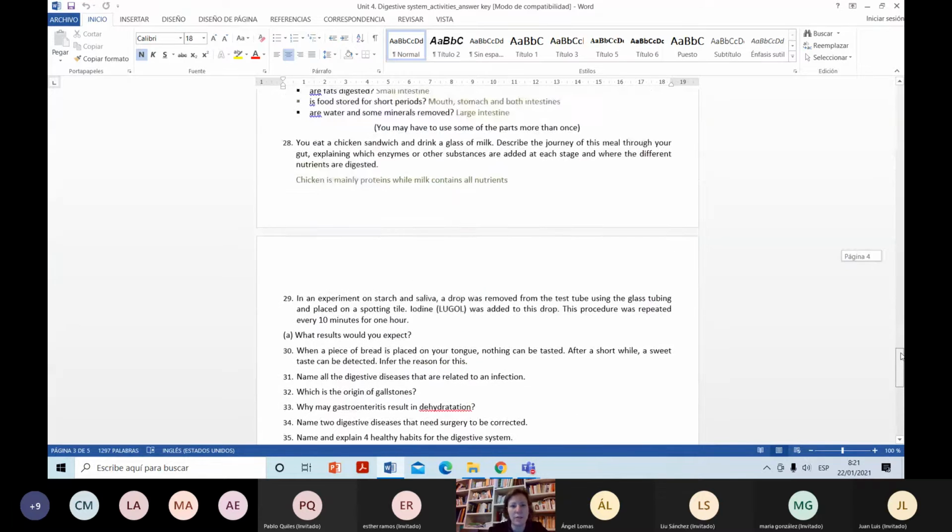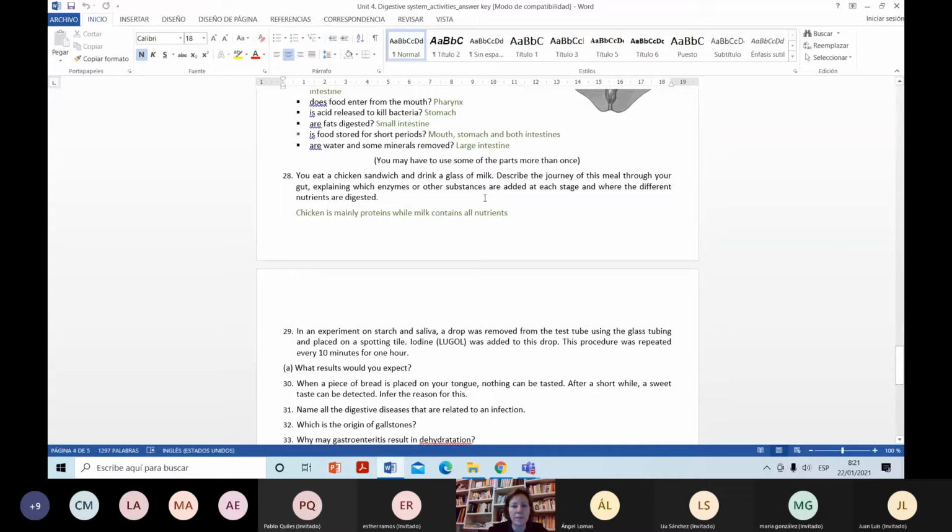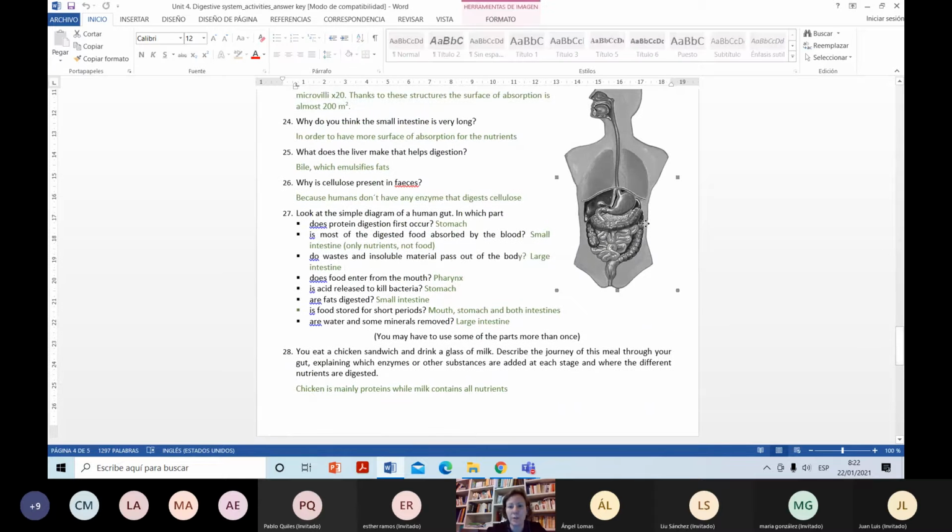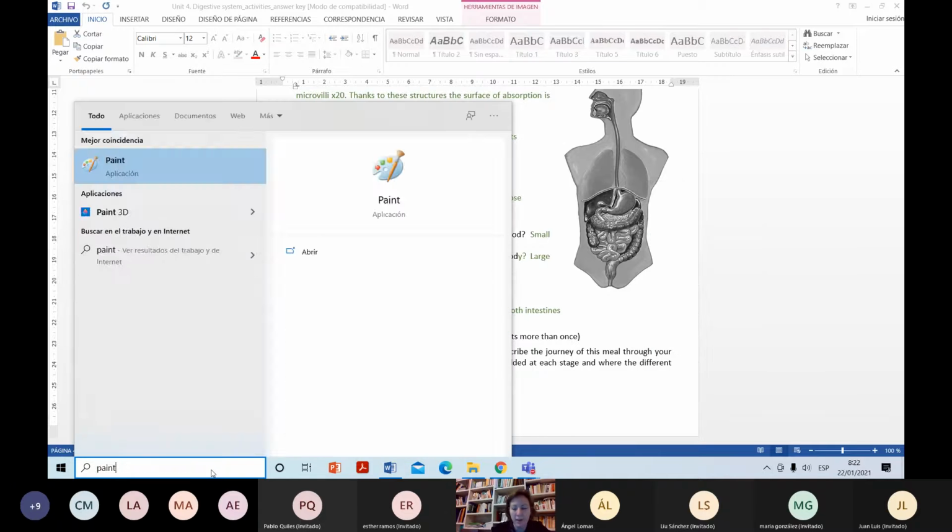Because the question has two parts. The first part would be describe the journey, and then within the journey you've got to explain which are the enzymes that are acting on this sandwich. So the first thing is describing the path.